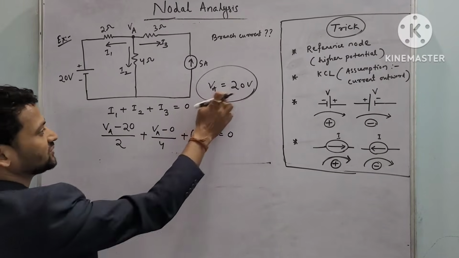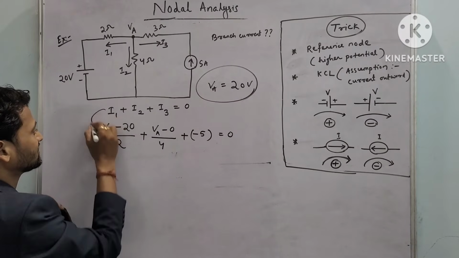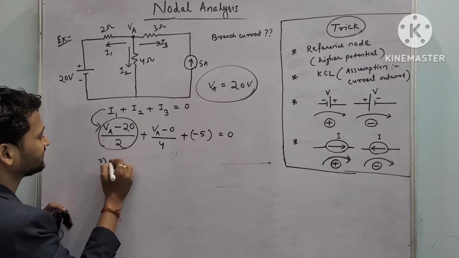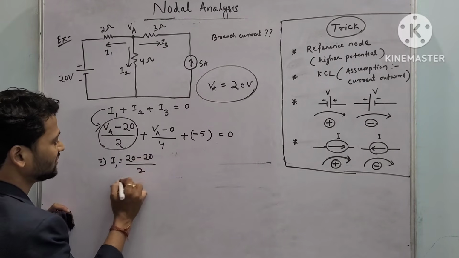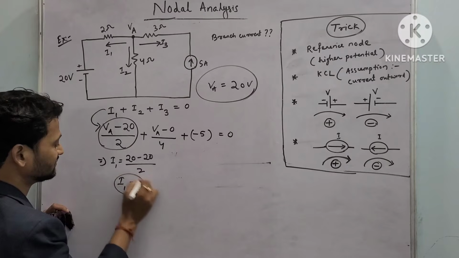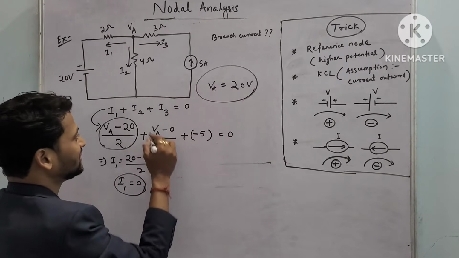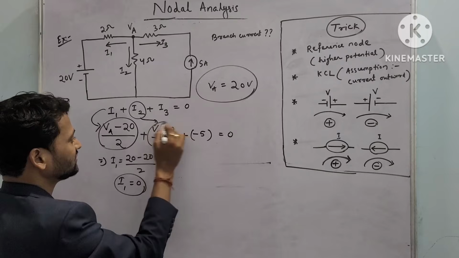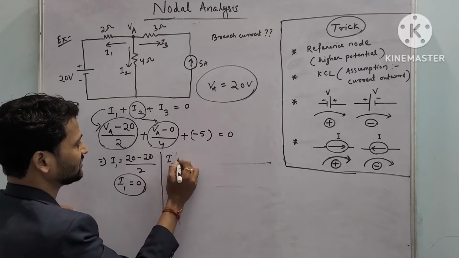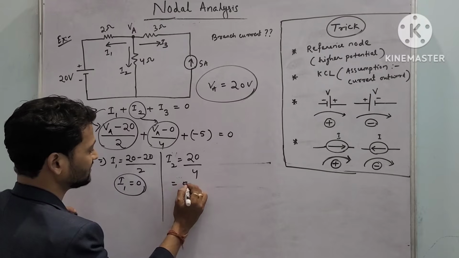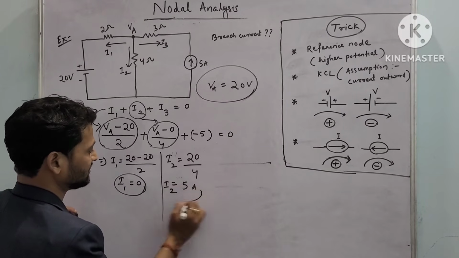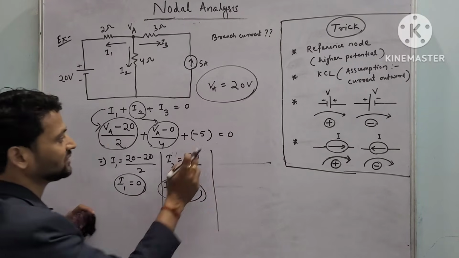VA is 20. To find I1, I1 will be 20 minus 20 upon 2, so I1 will be 0. Similarly, to find I2, VA is 20, upon 4, it comes to 5 ampere. That is I2.